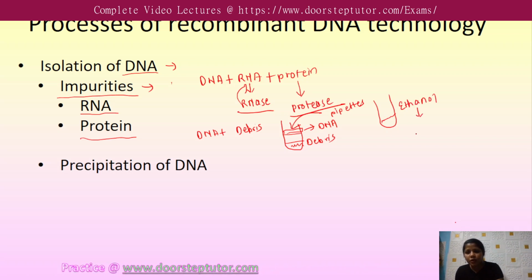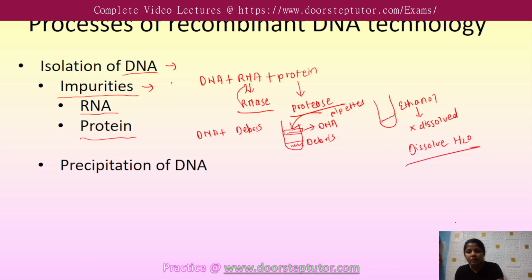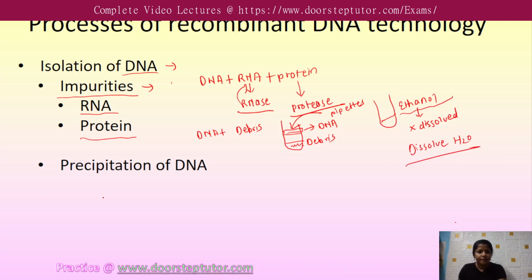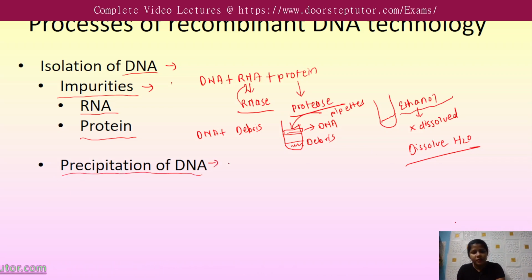Why do we use ethanol? Because DNA does not dissolve in ethanol, but it dissolves in water. Hence we are not using water but ethanol. So as we know, precipitation of DNA is done with the help of chilled ethanol.